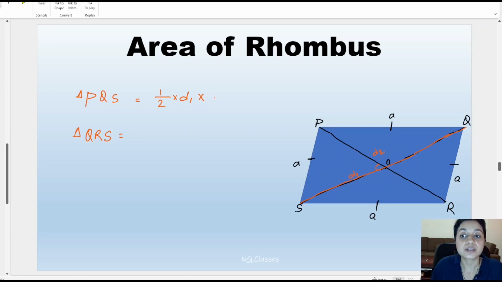times height. So here the height, do we know the height? This D2 is the length of the diagonal PR. Only PO, that means D2/2, because both the diagonals are bisecting each other. The other one is also D2/2, right? So let's take the height as D2/2.